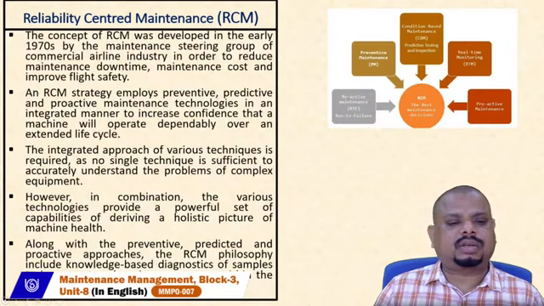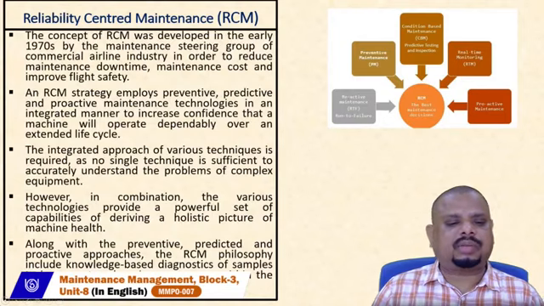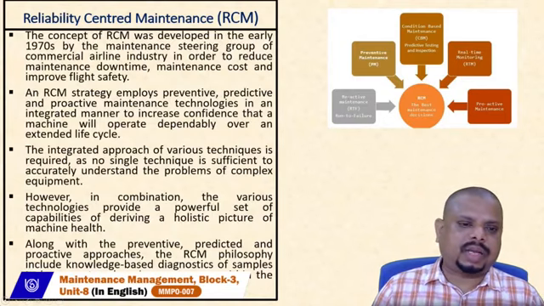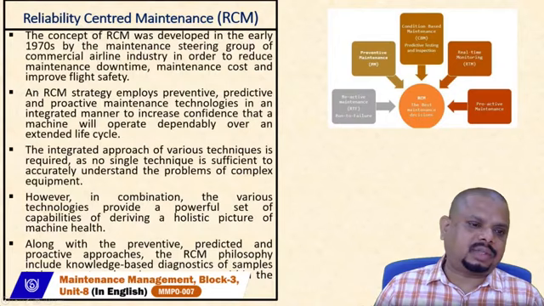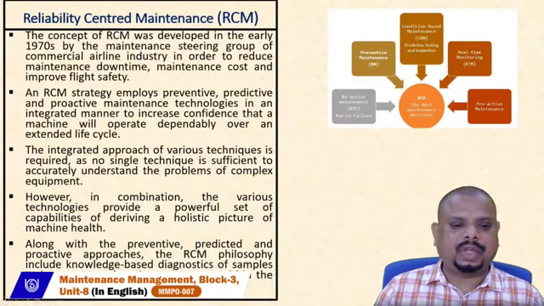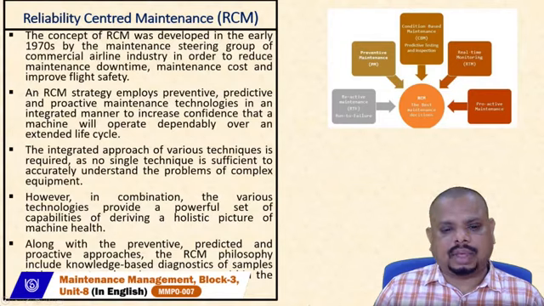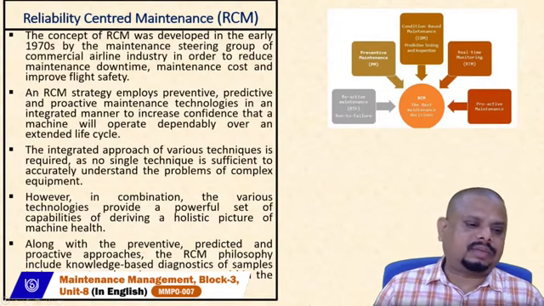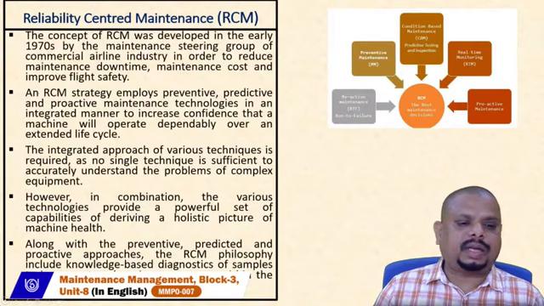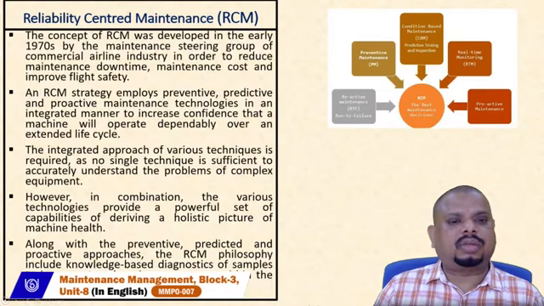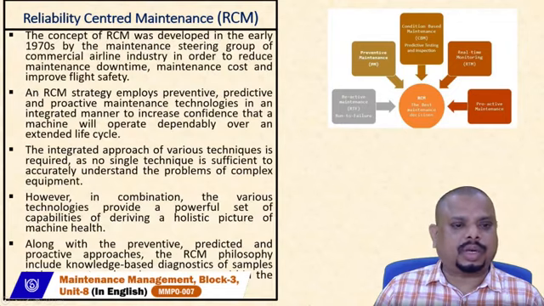However, the combination of various technologies provides a powerful set of capabilities which determine a holistic picture of machine health. So by combining these three maintenance technologies in the form of reliability centered maintenance, you can easily increase the life as well as the condition of the machines, which provides better machine health, especially with reference to improving the performance of the machines, reducing maintenance downtime, and also reducing maintenance cost, which is very important.